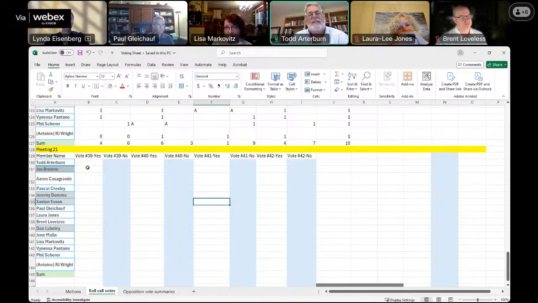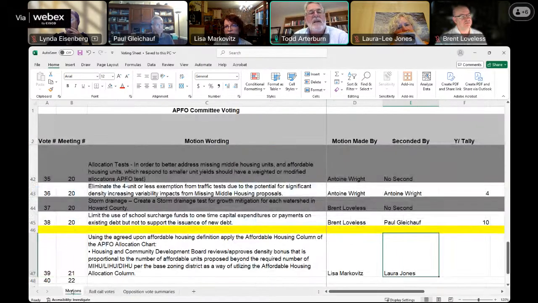The reason is, let's say it's a 100-unit project, and it's a 20% requirement for MIHUs, so it's 20 units of affordable housing, but there's only 70 units of market rate allocations available. So the developer then can say, well, you know what? I'm going to do 30 and 70. Then I'm going to get additional density. I'm only required to do 20. I'm going to do 30.